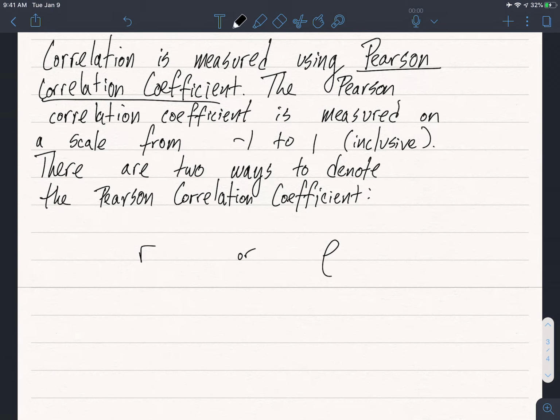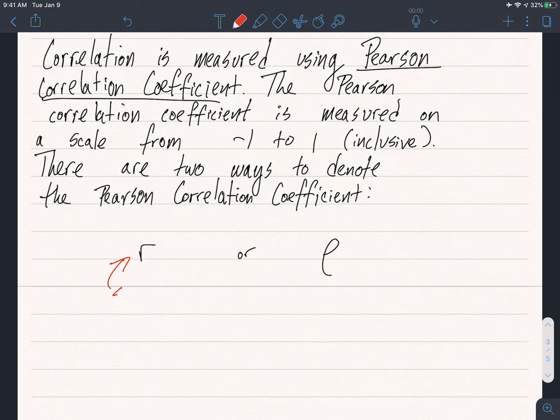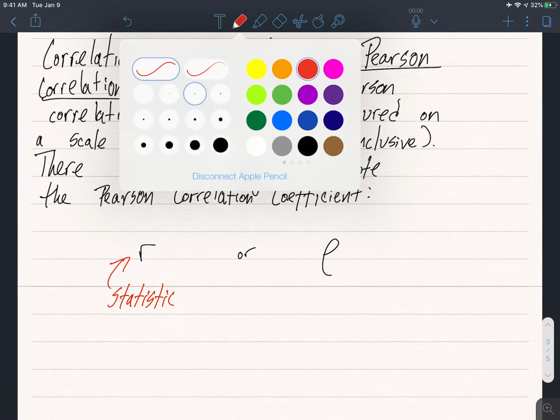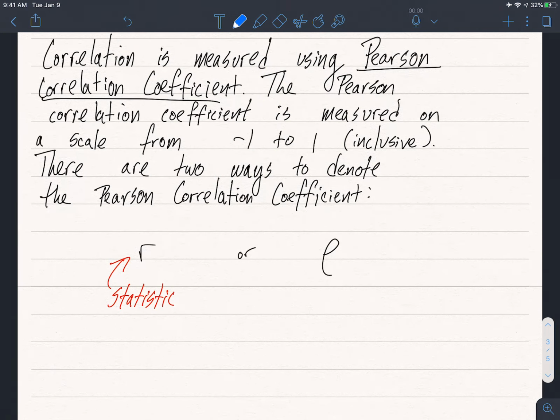And those two ways are R or rho. It's another Greek letter, or a lowercase r. And I bet you can't tell me the difference between them. Same difference as always, right? We use R when we're dealing with the statistic version of the Pearson correlation coefficient, and we use the Greek rho when we have the parameter.